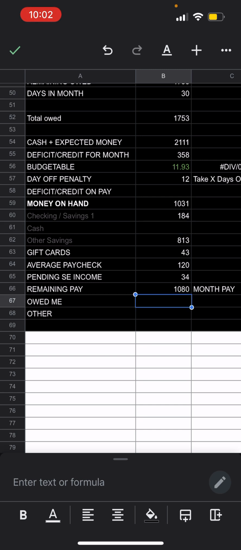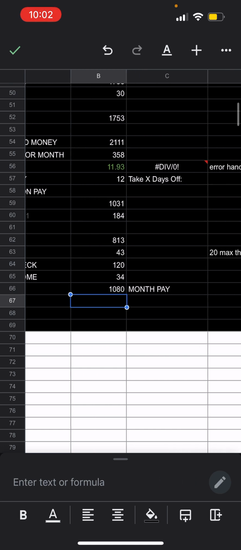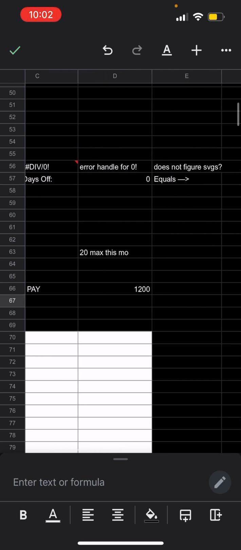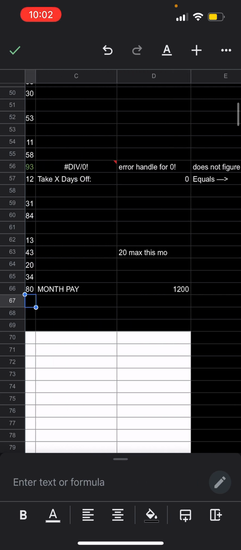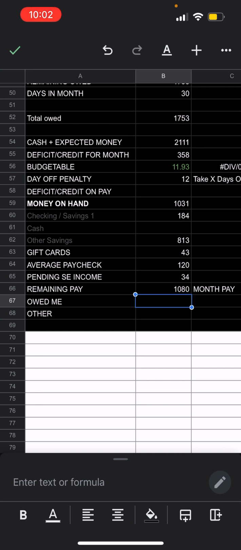So I also do have it set up where there's a day off penalty. So if you take a certain number of, oops, I've got a surplus here. So that is one of the little bugs here that I will be error handling. I've got most of this not showing errors in case there is something like a surplus or what have you.